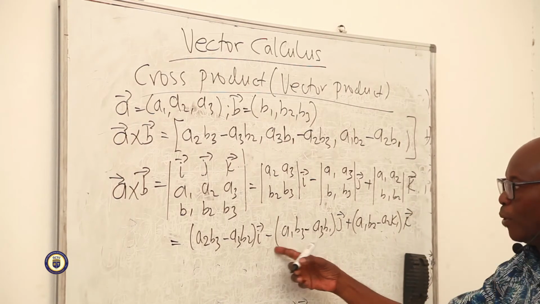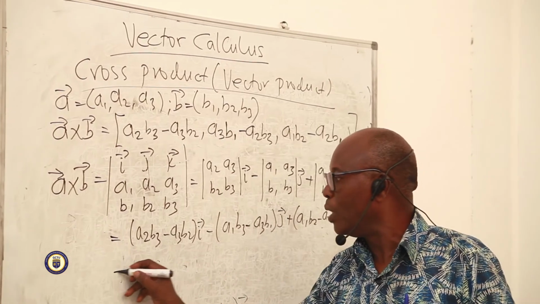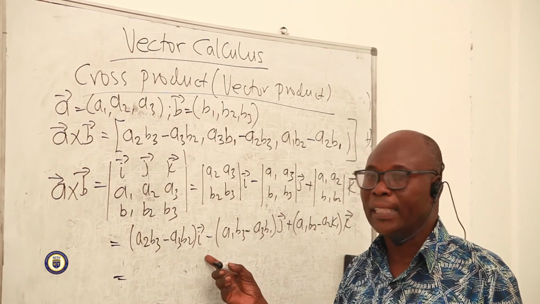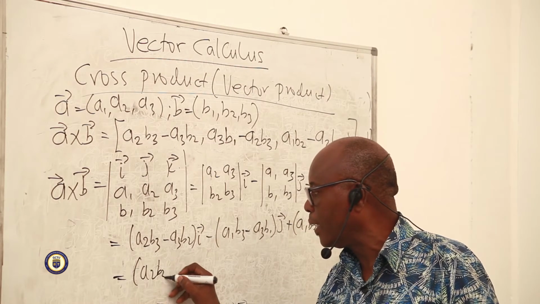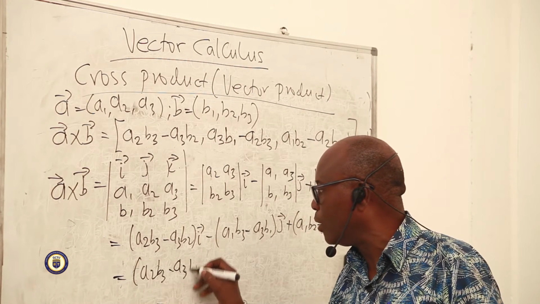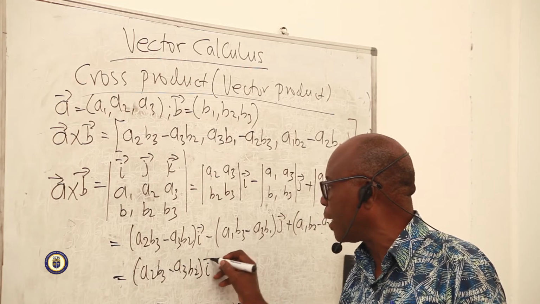We need to manipulate the negative. When we open the brackets because of the negative, we have A2B3 minus A3B2 in the I direction.